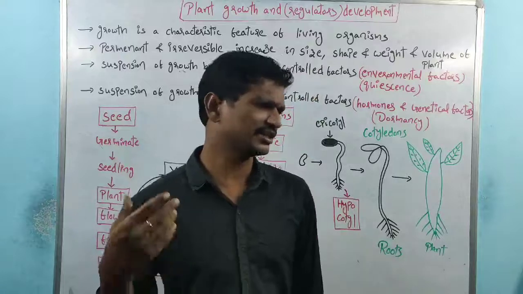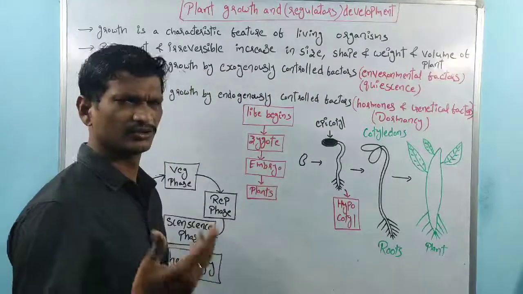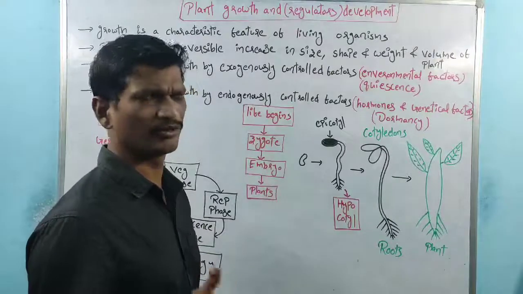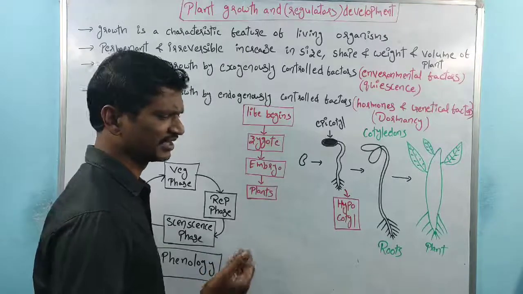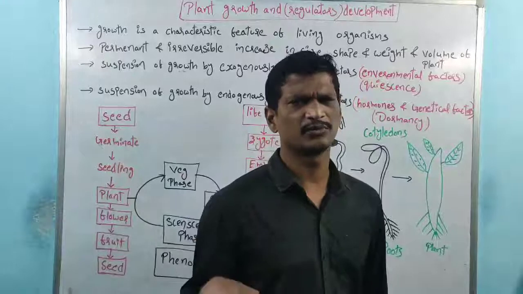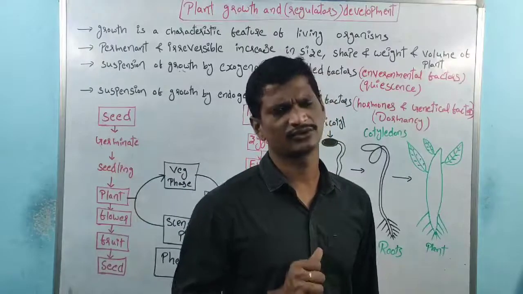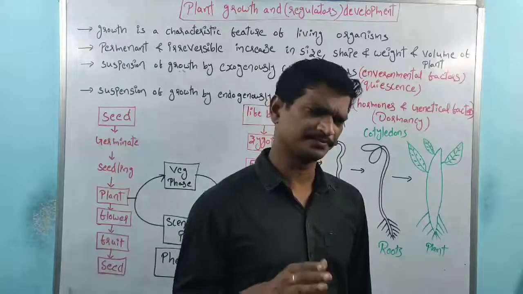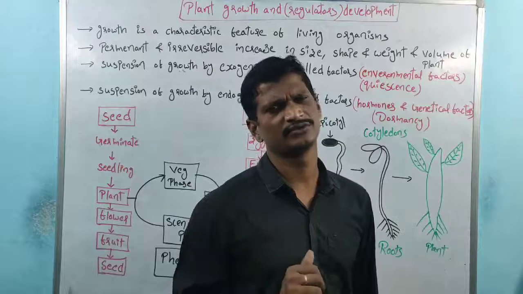In the same manner, in plants also, growth is regulated, and development is also regulated by the phytohormones. Some phytohormones support growth and some inhibit growth. These are called plant growth hormones, also called phytohormones.